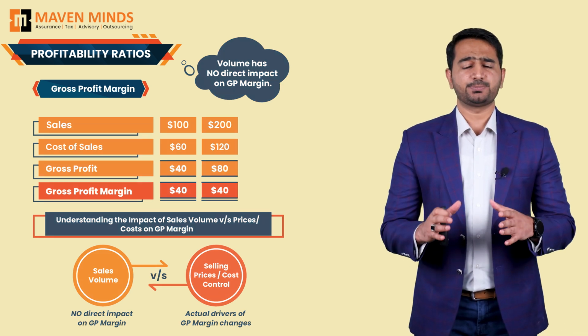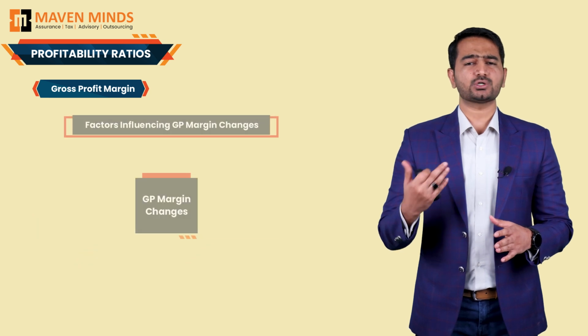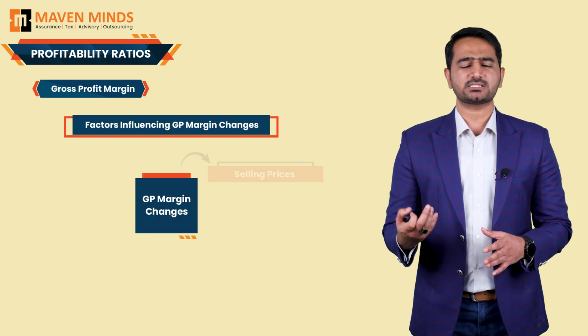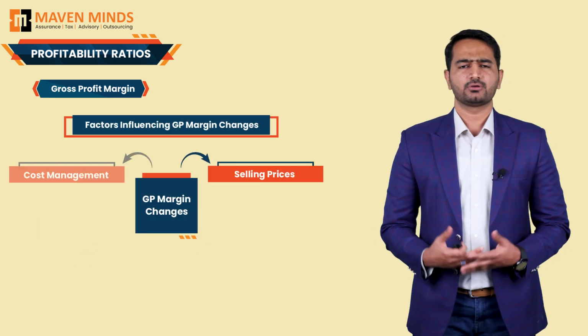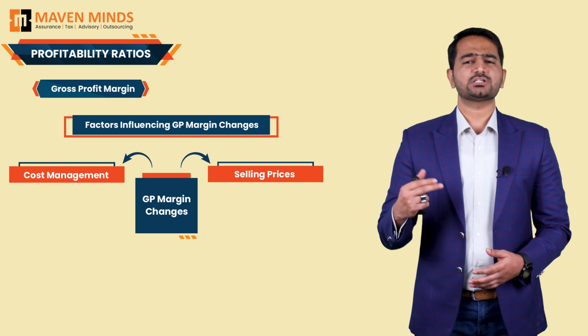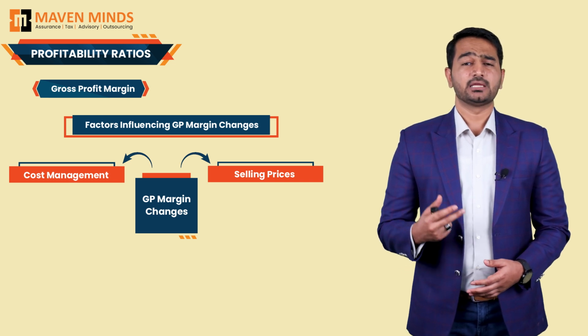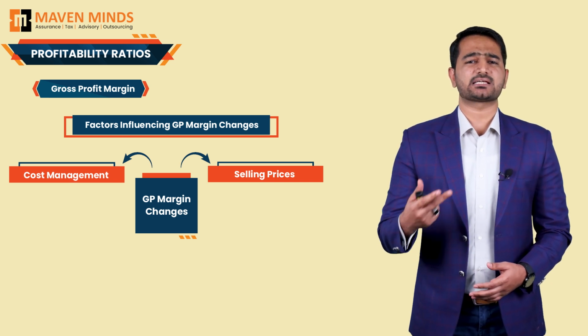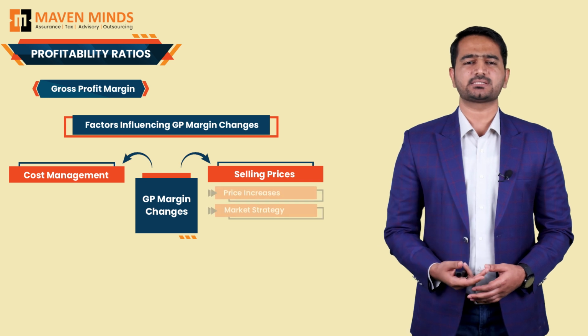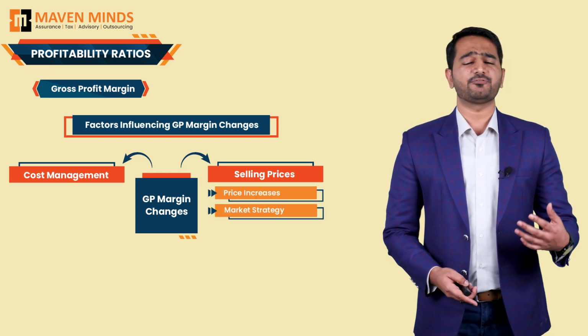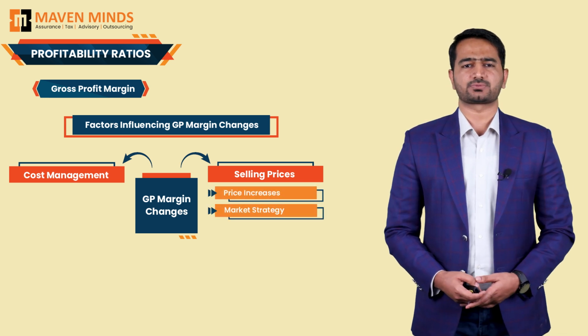Thus, when the GP margin increases, it is most likely due to a change in selling prices or cost control. For instance, if the GP margin is increasing, it could be because the company has successfully increased its selling price or has become more efficient in controlling its cost.